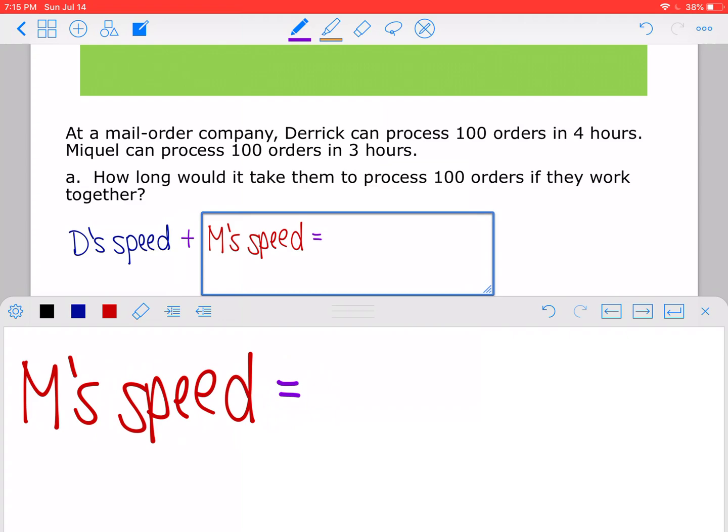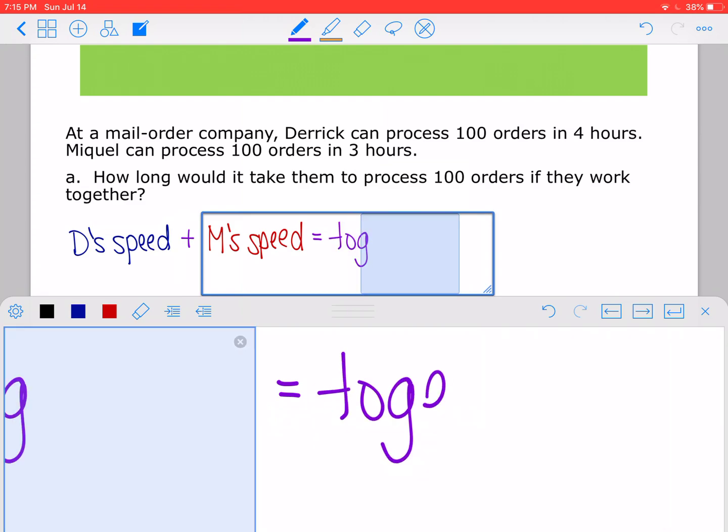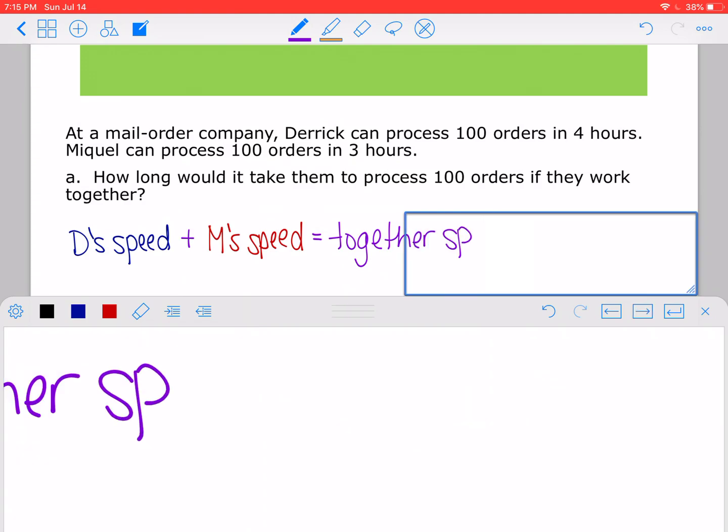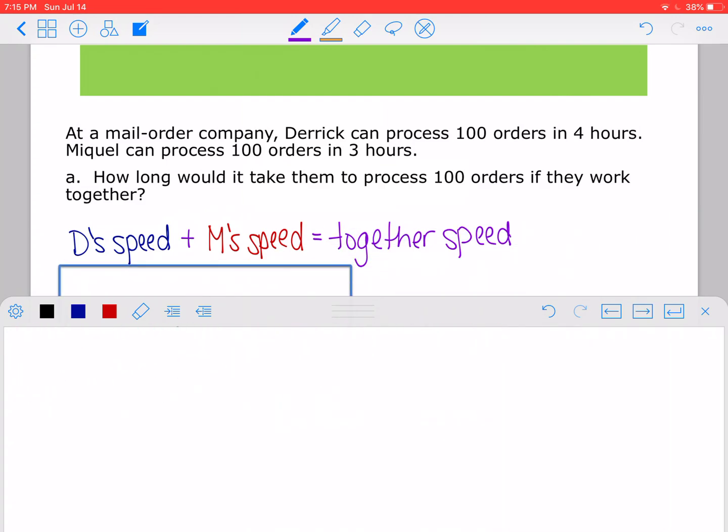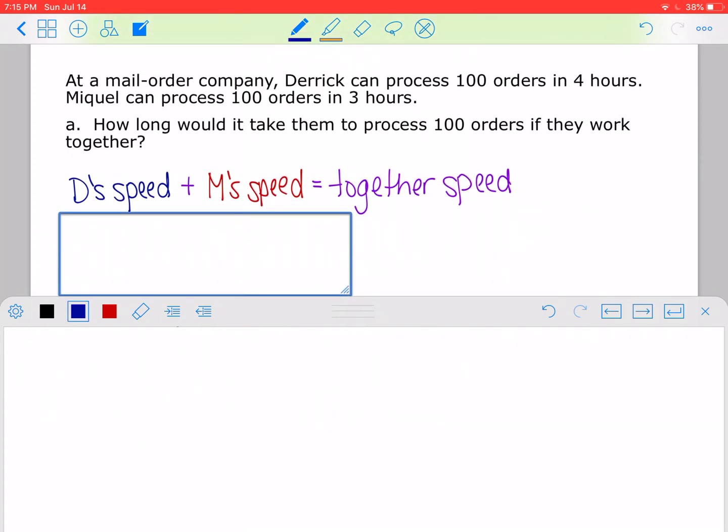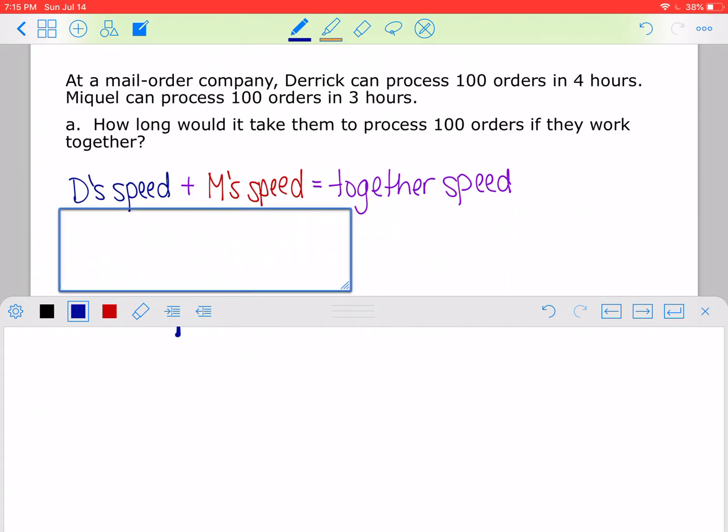And that's going to give us the together speed. Derek produces 100 orders, or one job, in 4 hours. 1 in 4. That's a fraction.